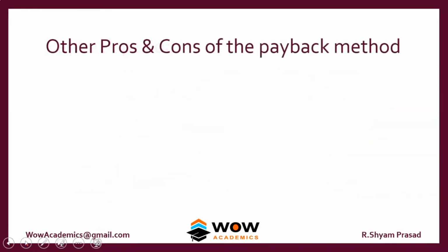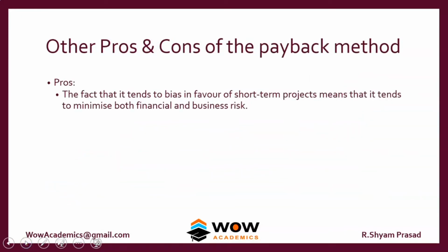We also have some more pros and cons of the method. There's a good thing about this method: the fact that it tends to favor short-term projects means that it tends to minimize both financial and business risk.